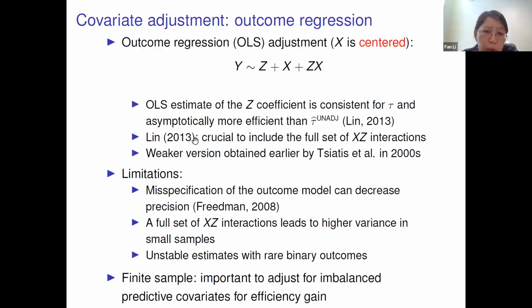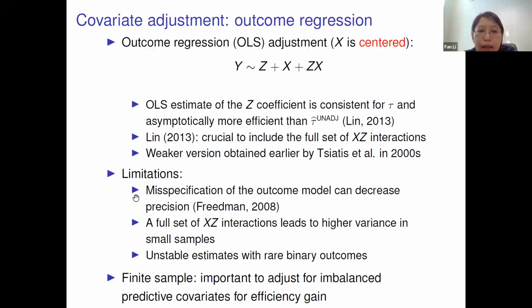He also pointed out one important thing: it is crucial to include the full set of X and Z interactions. So putting in the interactions is very important. Actually, a weaker version of this result was obtained earlier by Tsiatis and co-authors in the 2000s. But Lin's result kind of seals the deal.